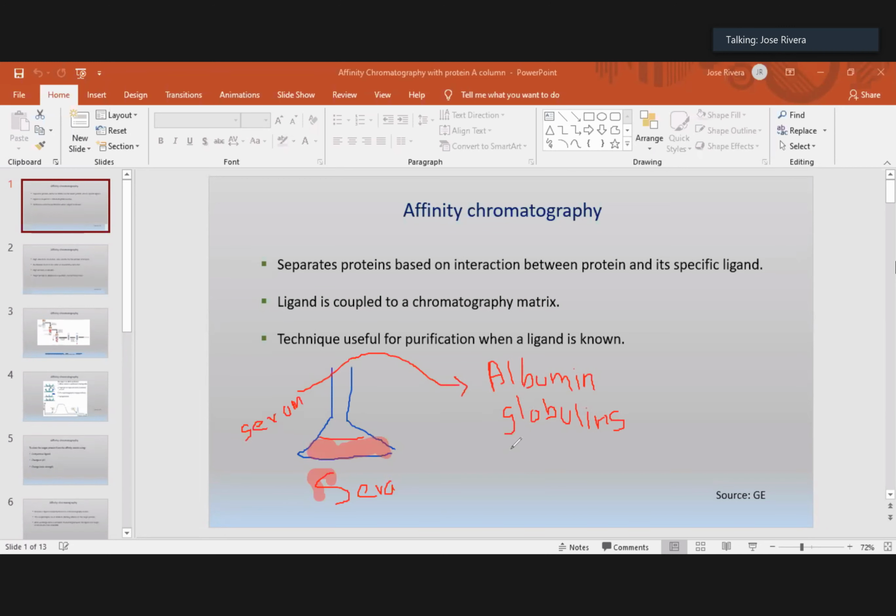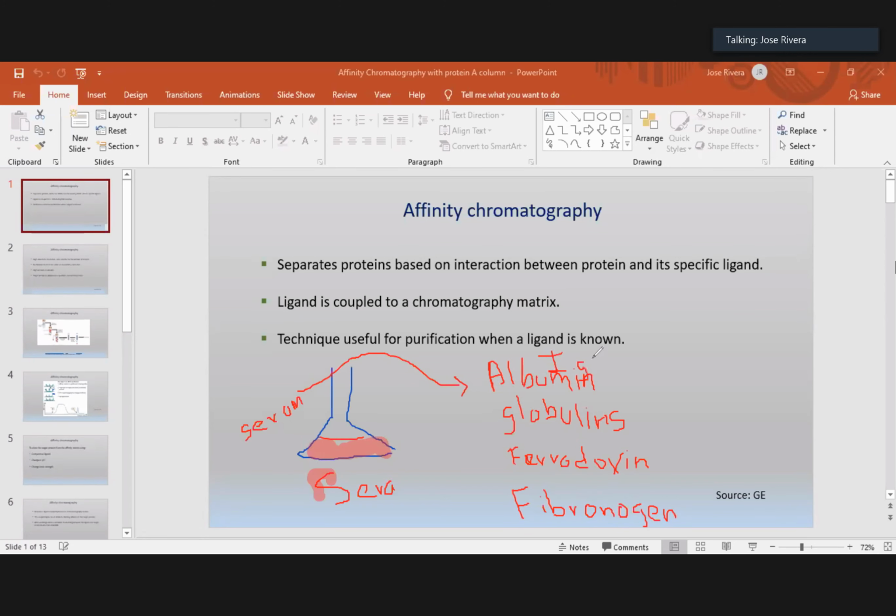There are transport proteins, one called ferredoxin. And then you have fibrinogen, which is involved in clotting. So the point here is that in serum, you have all these types of proteins.